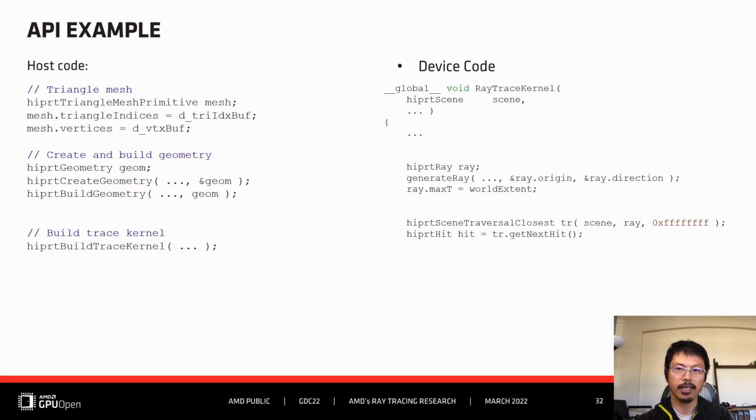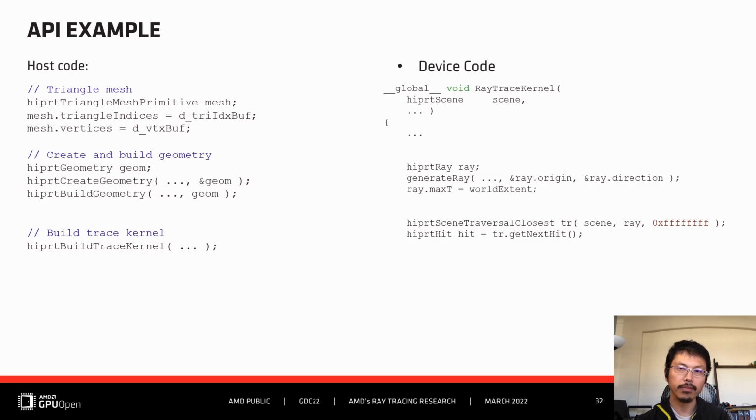As you can see in this example, we are passing the HipRT scene in the first argument. Then in the kernel, you simply create a HipRT ray from the member variables, then create this HipRT scene traversal closest object, which keeps the state of the traversal.